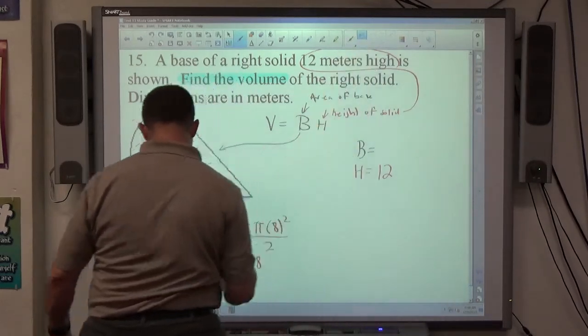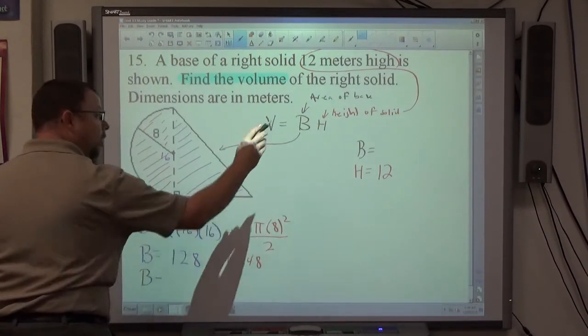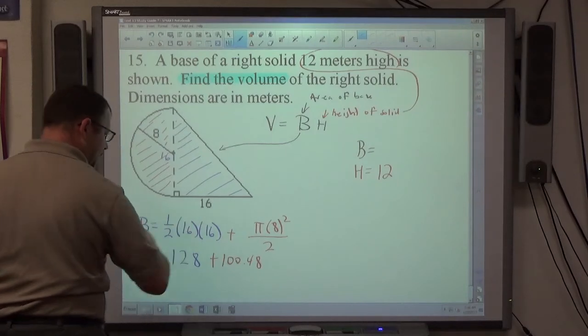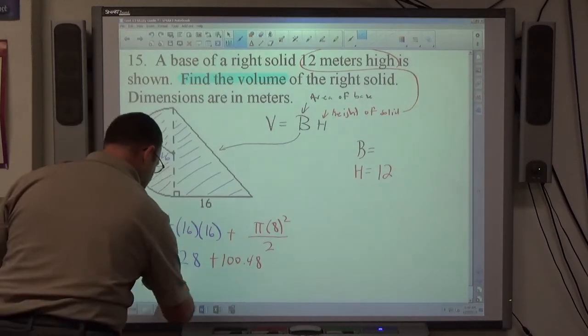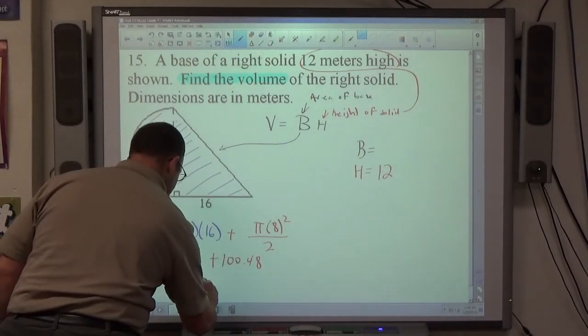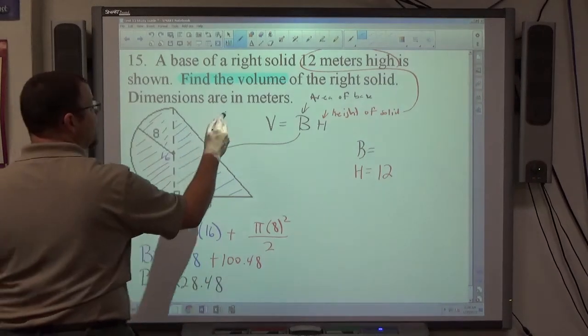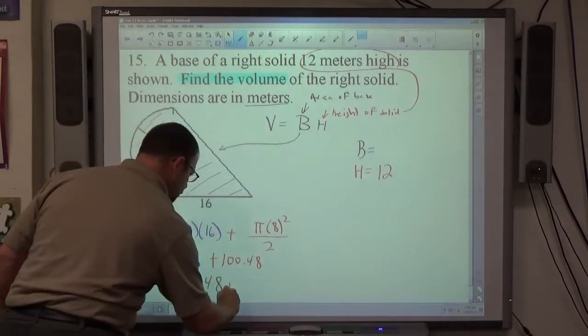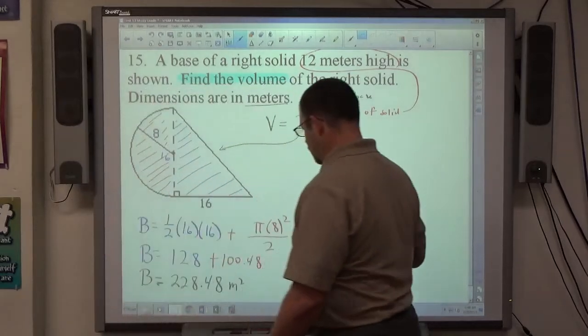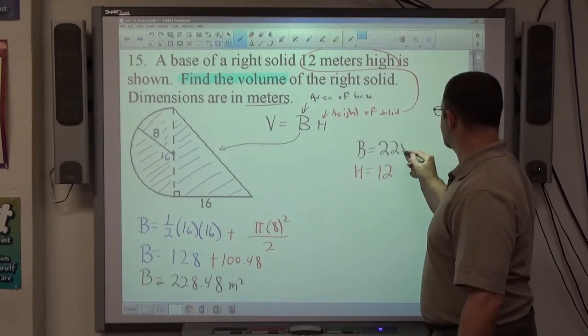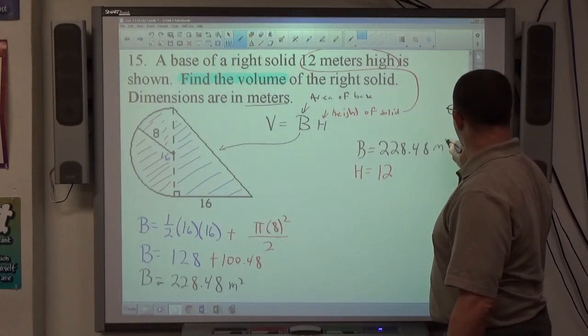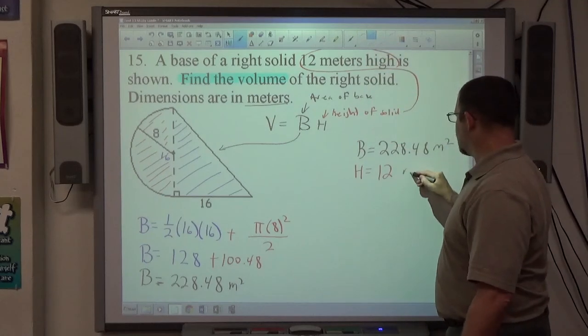So altogether, the area of the base that I need over there is simply these two numbers added together, so 228.48. It says dimensions are meters, so this is square meters. 228.48 square meters. And again, this is 12 meters high.